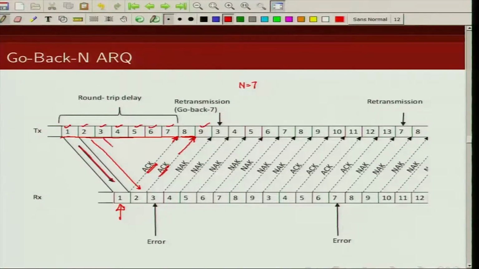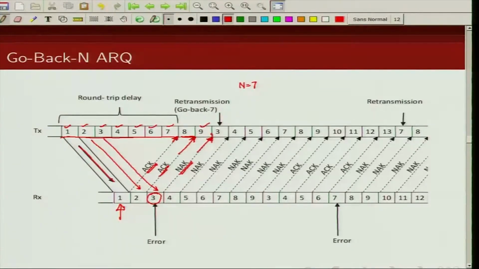Next, this 3 has been received in error, so the receiver is going to send a negative acknowledgement, which is received at the transmitter at this time instance.